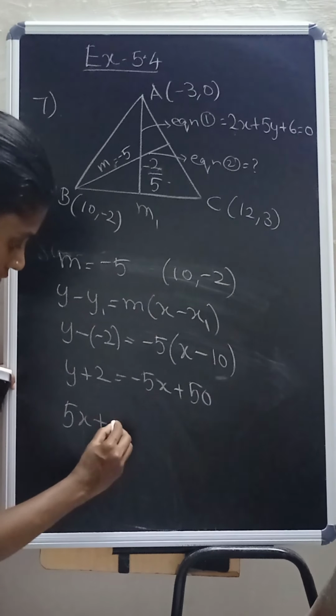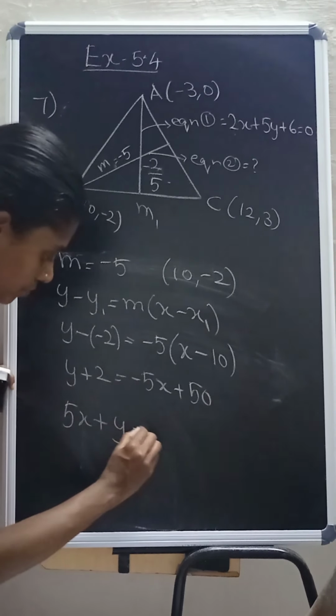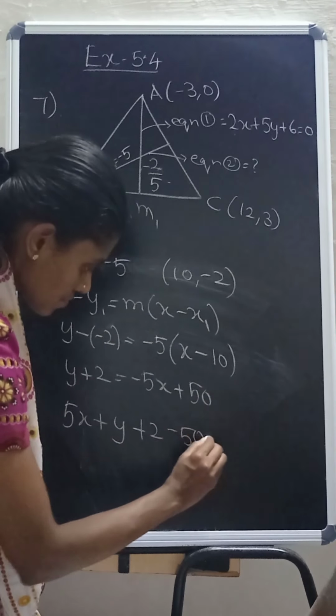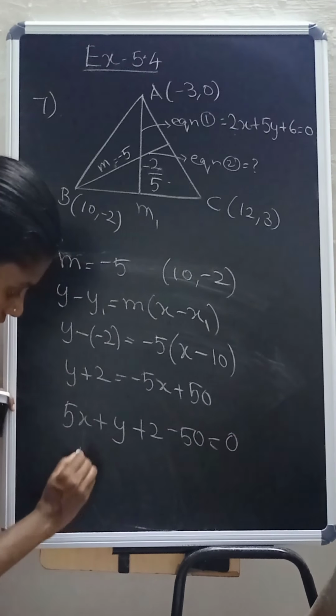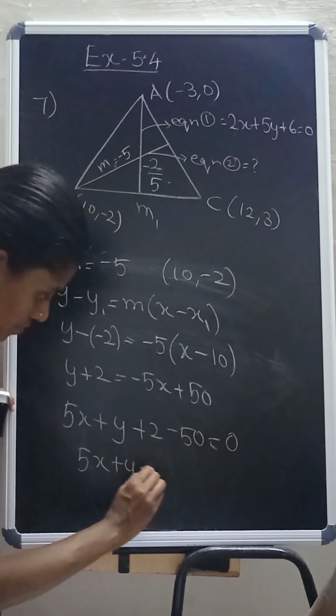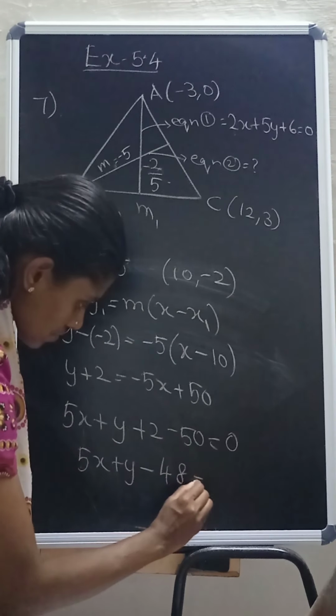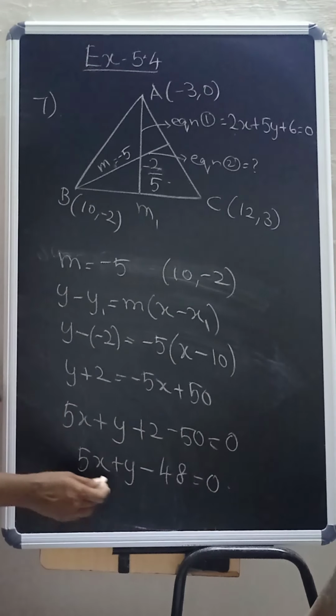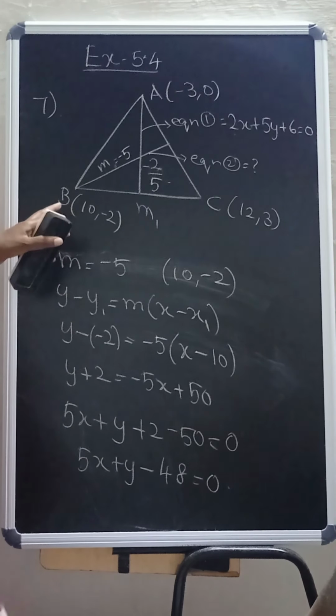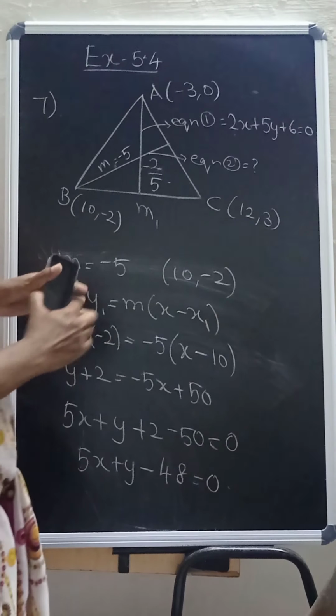Bring this to the left side. Now 5x plus y minus 48 is equal to 0 is the equation of the altitude through B.